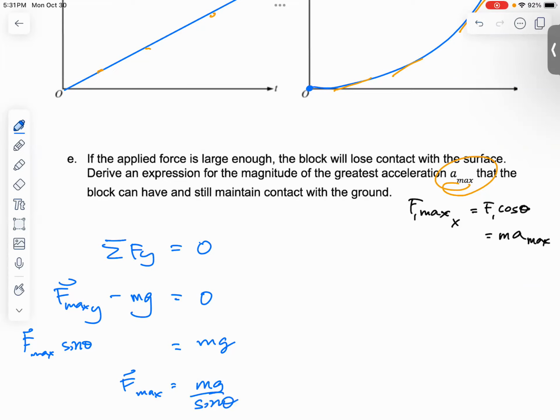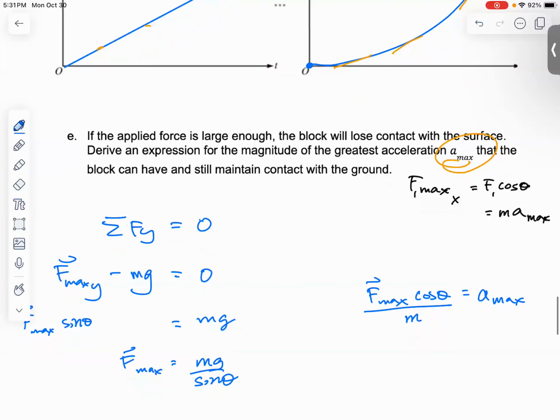Okay. And then what else? Fg is equal to this. And then over here, that's the blocking. And A maximum, it's going to be F max cosine theta all over mass.